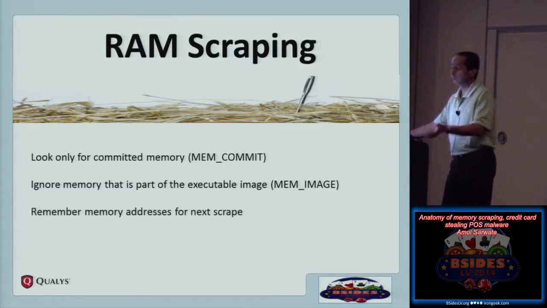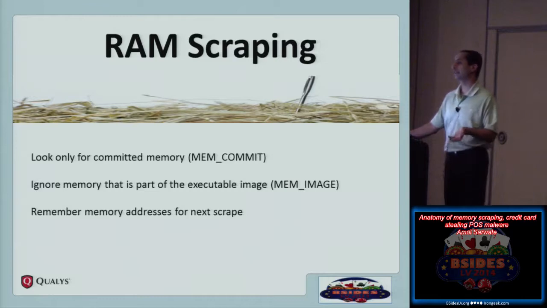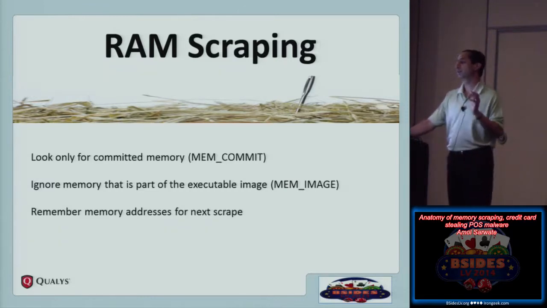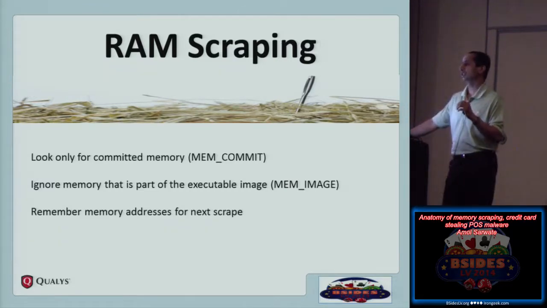Another thing that you could do is, once you find a credit card number, you could remember the memory addresses at which you found it the first time. Next time you could first go to those addresses and check if the numbers are there. That's another optimization. A lot of these POS systems still use Windows XP, or the POS processes are not ASLR enabled or anything like that.